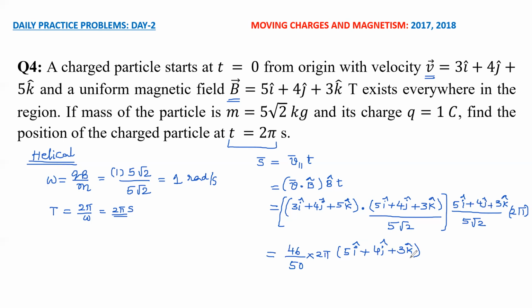And once we get this displacement, that will be nothing but the position, because initially the charged particle is at the origin. And this is how you can find the final position.